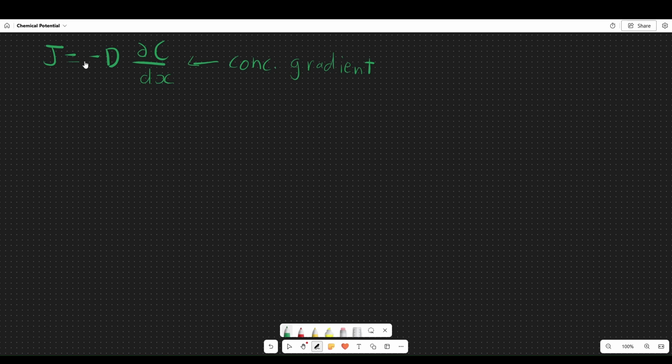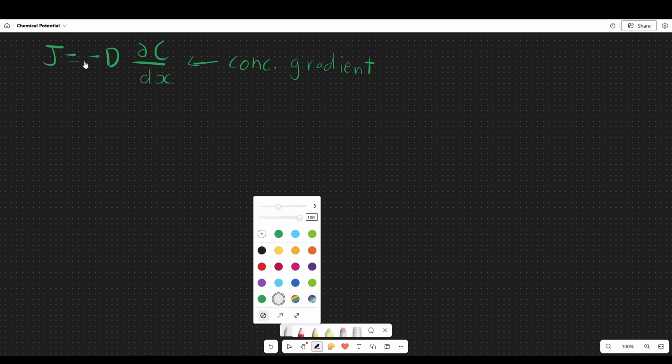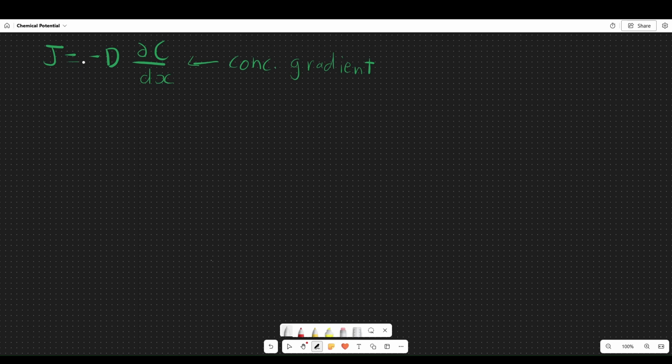So let's say we have a system where we again have that film. And what I essentially have is some concentration called C1 naught, where the one just stands for the species.